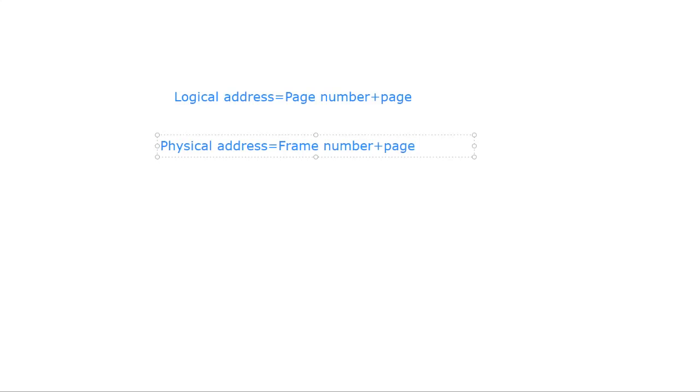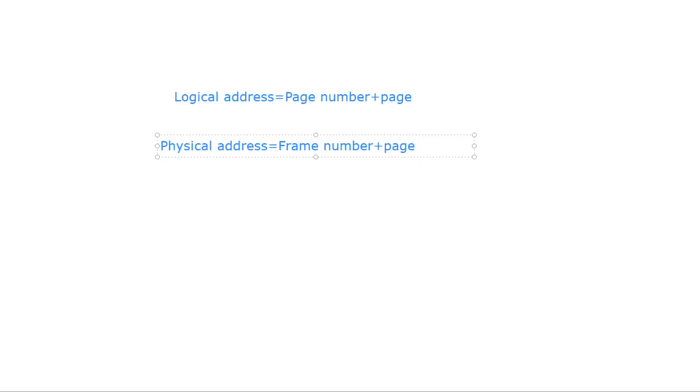When a process is to be executed, its corresponding pages are loaded into memory. So how are the corresponding pages loaded into memory? The pages which are required are loaded into memory.